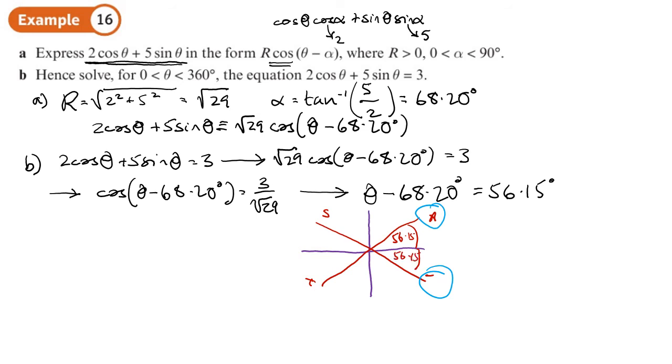Okay, we're solving between 0 and 360, so that angle is going to be 360 minus 56.15, and that equals 360 minus my answer, 303.85.